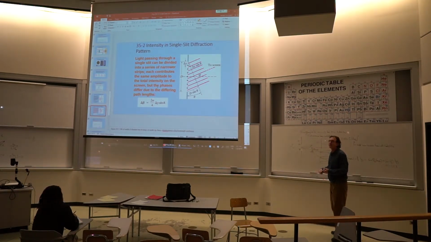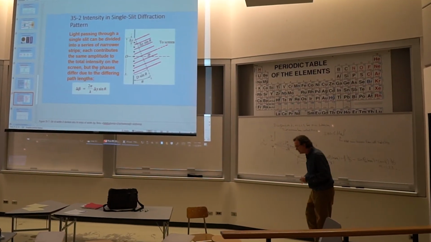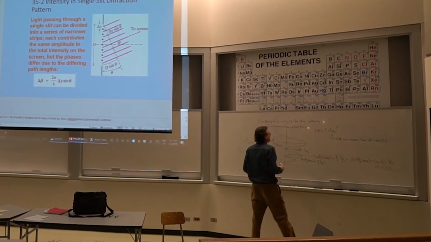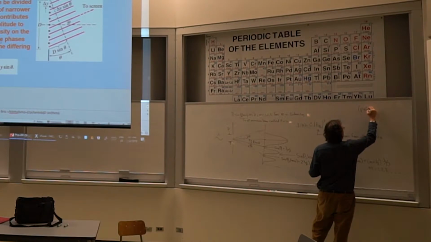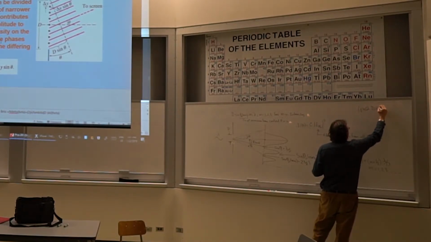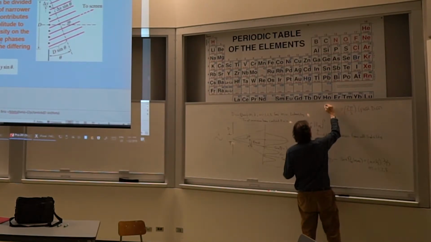How do I calculate phase difference from path difference? Times 2 pi over lambda. 2 pi over lambda, yes, thank you. If you multiply path difference by 2 pi over lambda, then you get phase difference, right?